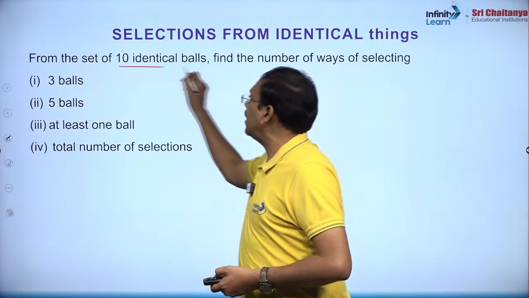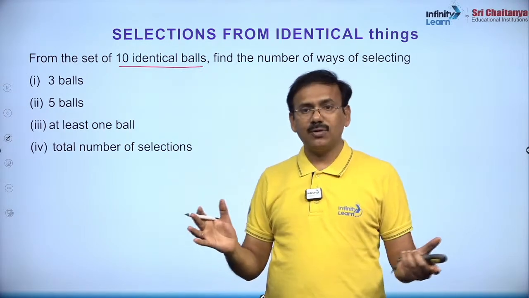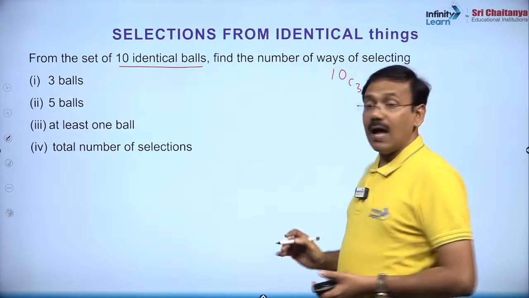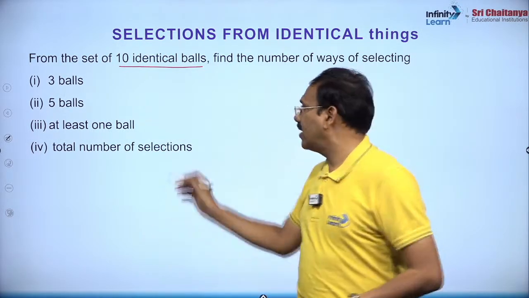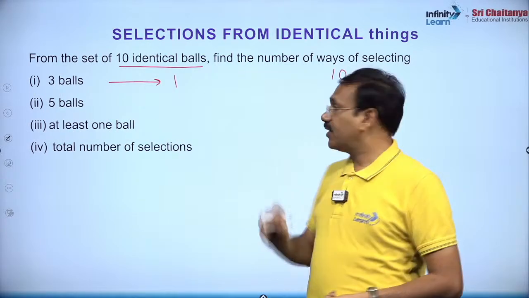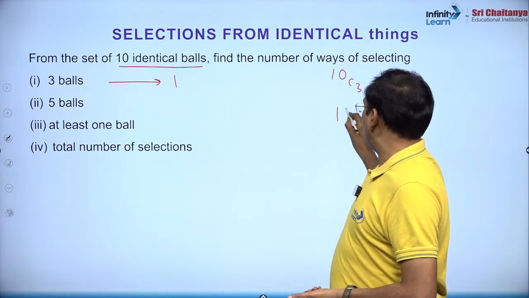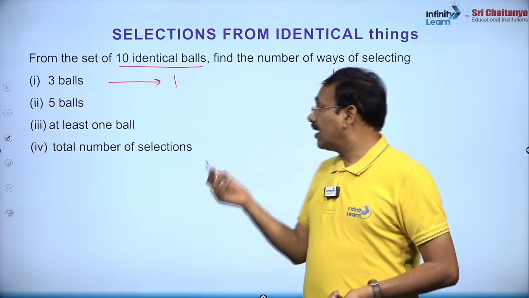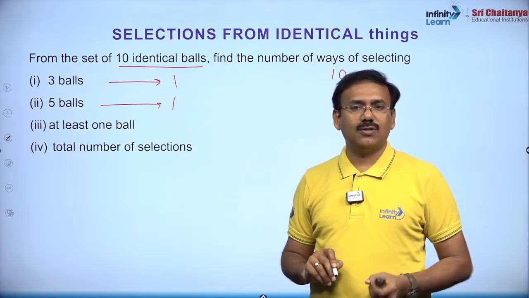Please observe that 10 identical balls. If all the 10 balls are dissimilar, then 3 balls are selected in 10C3 ways. If they are identical, selecting 3 balls, the answer is only 1 way. Here also, the number of ways of selecting 5 balls if all are dissimilar is 10C5. If all are identical, selecting 5 balls is only 1 way.